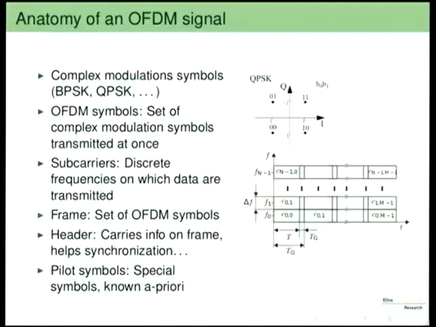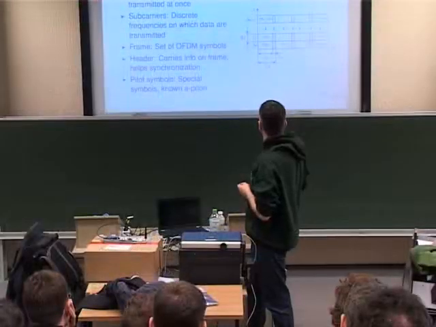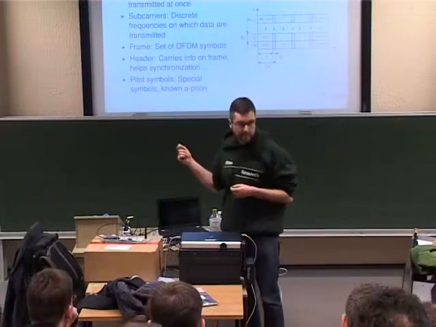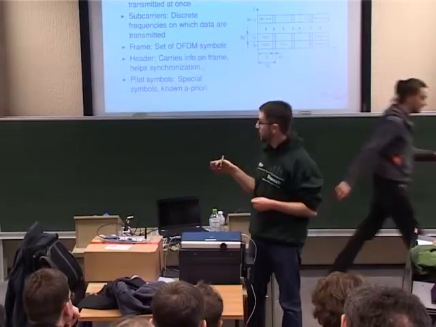What we do is we transmit data on different frequencies at the same time. If you have a look at this picture here, this is a time frequency diagram. Basically, we have complex symbols that represent bits. That's the common way we operate in digital communications.